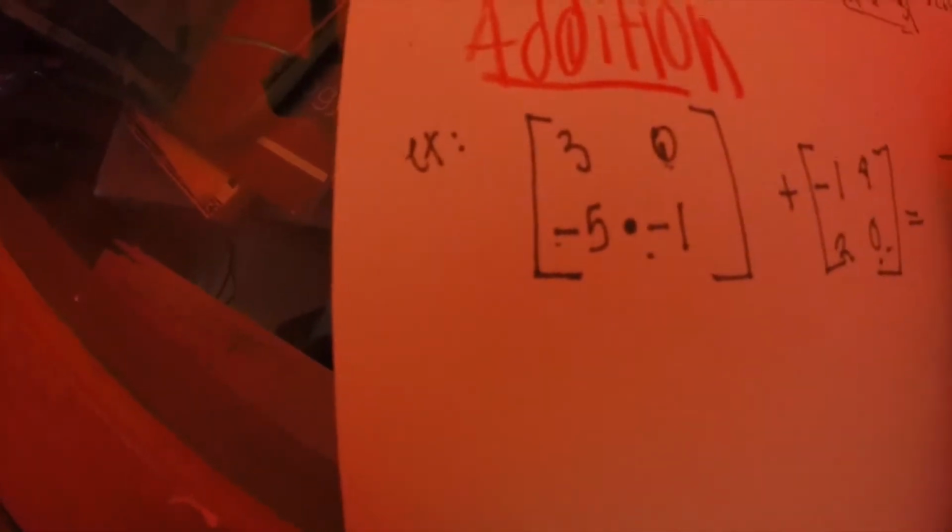Therefore, we do 3 plus -1, since they are both in the same place. We do 0 plus 4 in the same place.